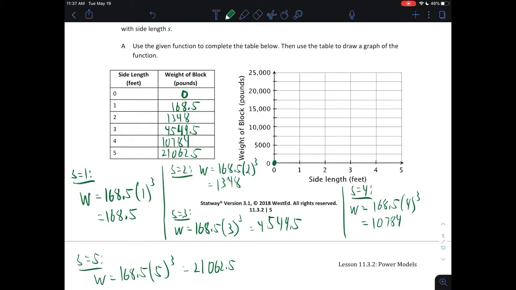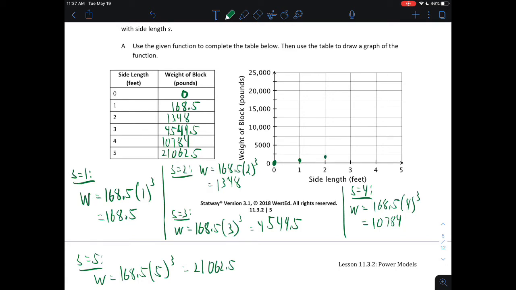You can see that the way they've marked the weight of the block, it goes up pretty high just with a couple of marks, mainly because we have to get up to 21,000 at some point. So the weight for 1 foot in side length is pretty low, so I'm going to keep a dot pretty low vertically. Now when side length is 2, the weight was 1,348, still not that high up.